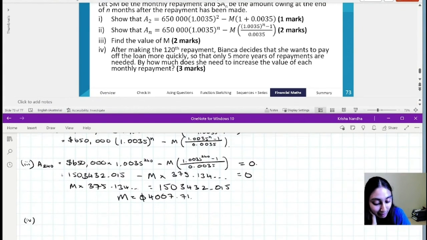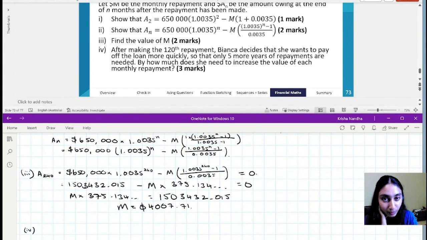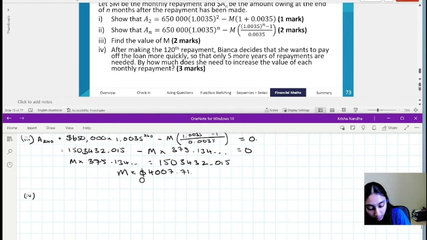Okay, so pretty much what we need to do is find the amount owing at 120 months. And that's going to help us, because we're going to need to make a whole new pattern for whatever happens after 120 months. So first, let's do A120.